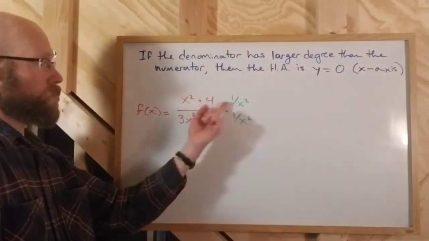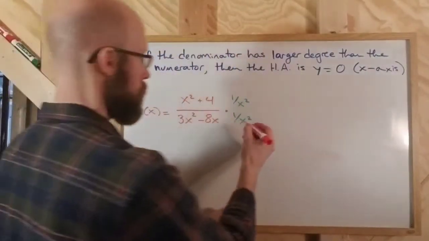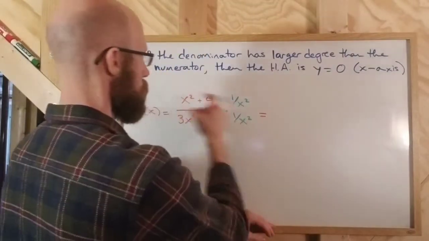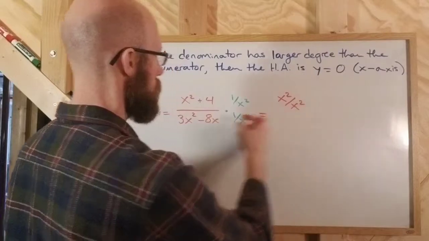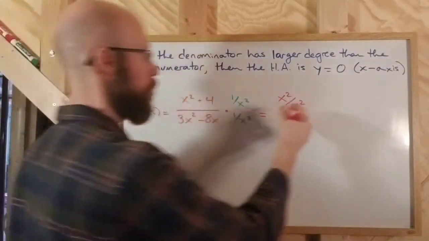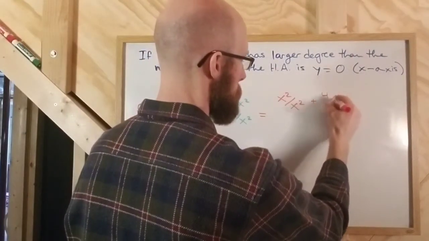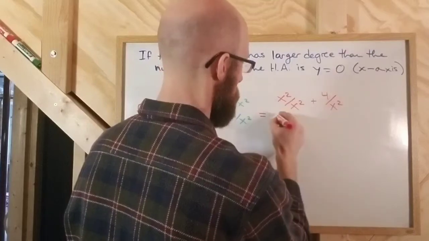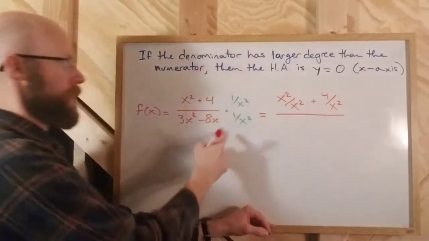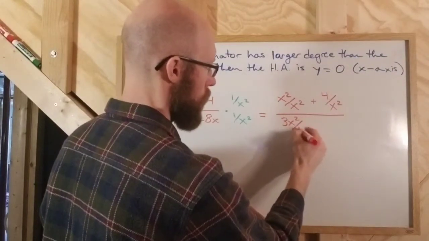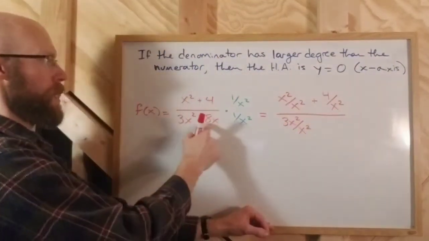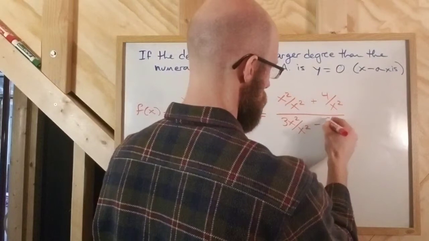And so I'm going to distribute the 1 over x squared to both terms. And that will create x squared over x squared plus 4 over x squared. And then on the bottom, I get 3x squared over x squared and minus 8x over x squared.